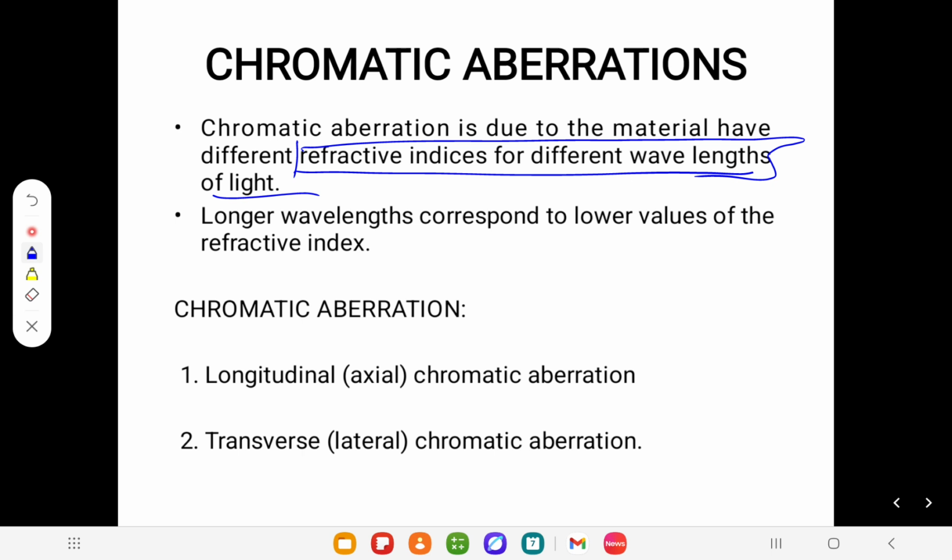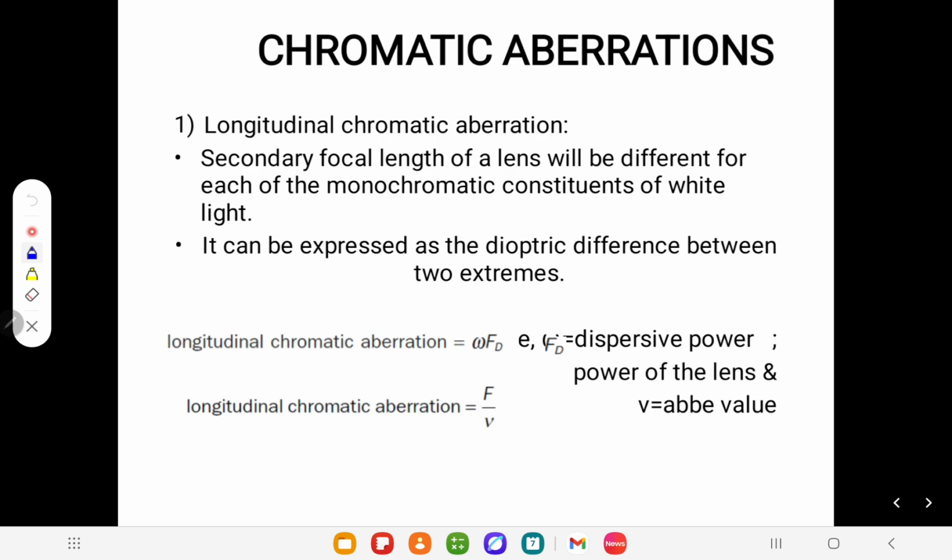Longer wavelength corresponds to a lower value of refractive index, and shorter wavelength corresponds to a higher value of refractive index. So in chromatic aberration, we discuss longitudinal chromatic aberration, another name is axial chromatic aberration, and another is transverse chromatic aberration or lateral chromatic aberration. Okay, two types of chromatic aberration.